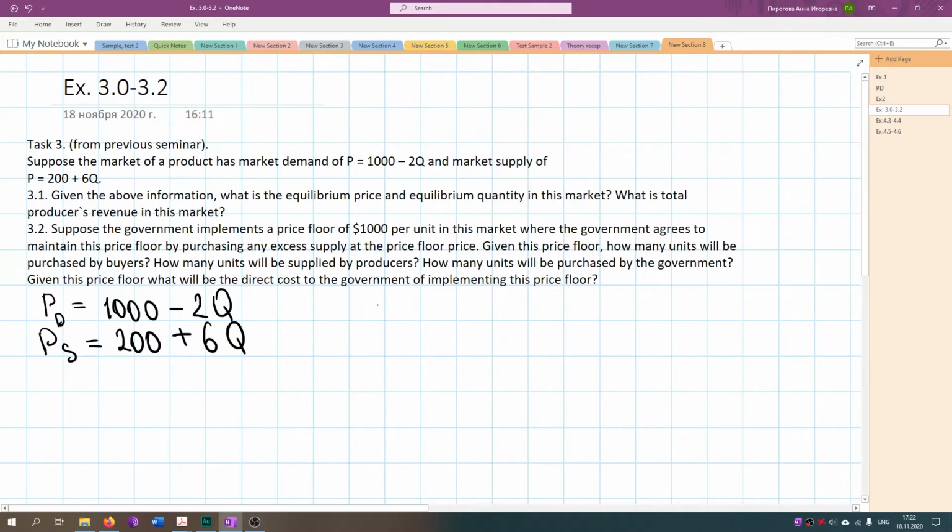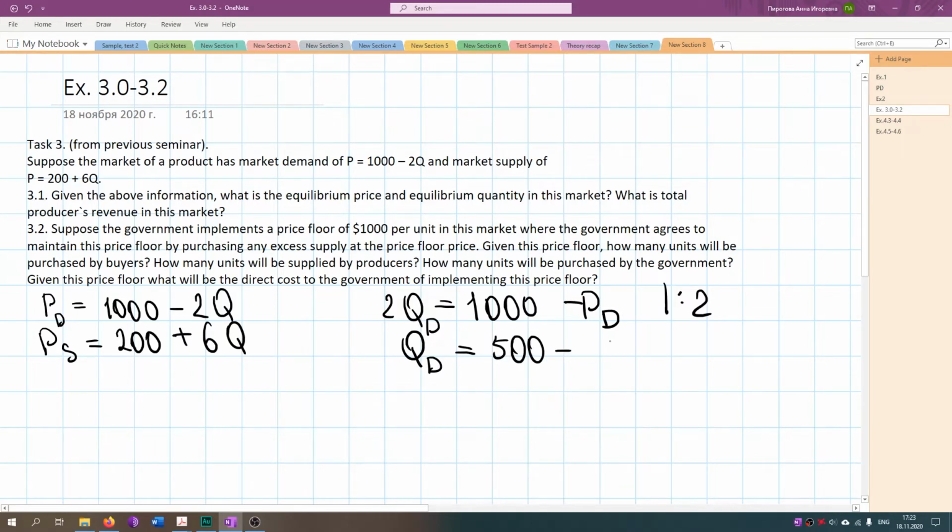So 2q is equal to 1000 minus price, and we divide it by 2, and we will get that quantity demanded is equal to 500 minus 0.5 price.